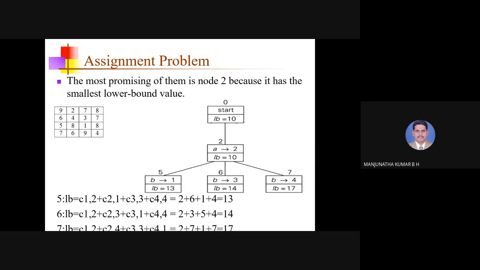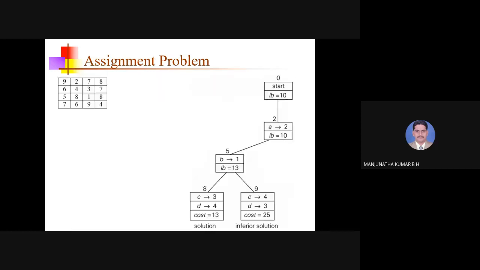So the tree is expanded now. Till now we have assigned 2 jobs to 2 persons. One is second job to person A and first job to person B. It is fixed now. Now I have only 2 jobs left and 2 persons. I just have to assign jobs to person C and person D. Okay, we'll do it in the next slide.